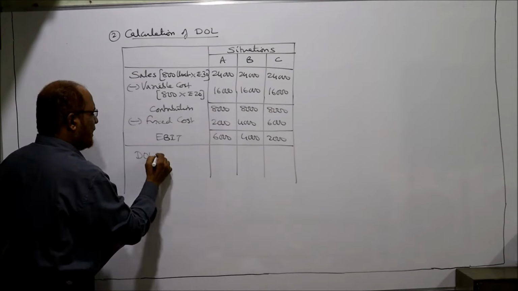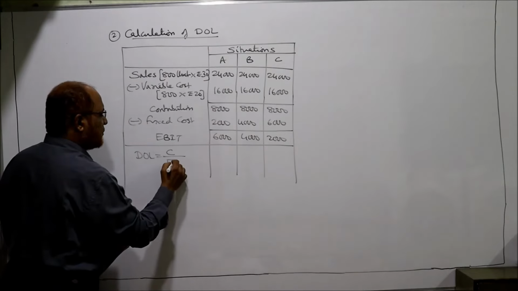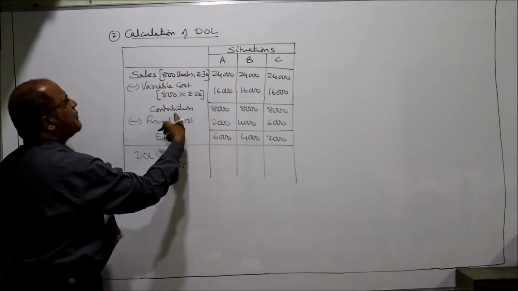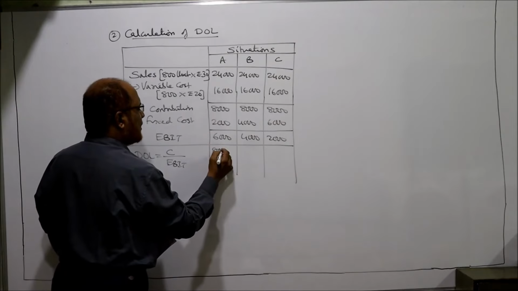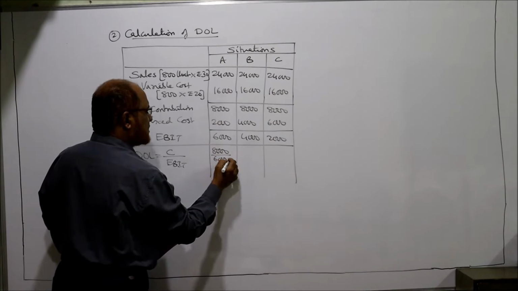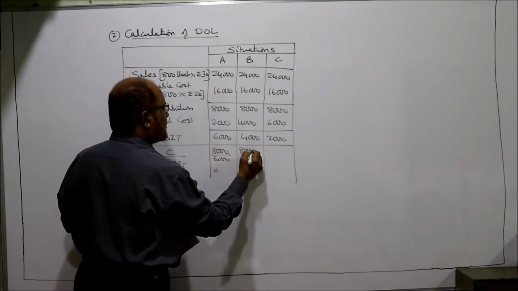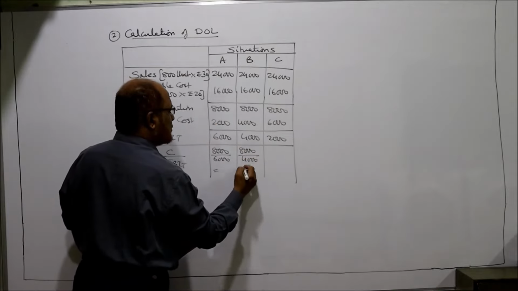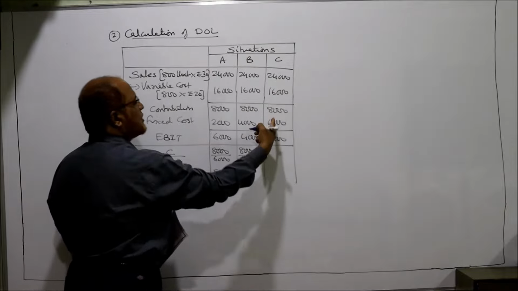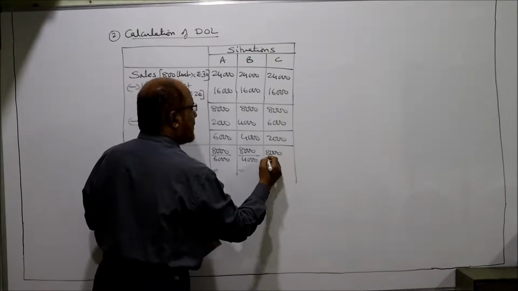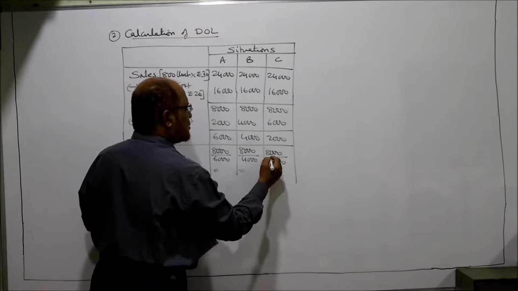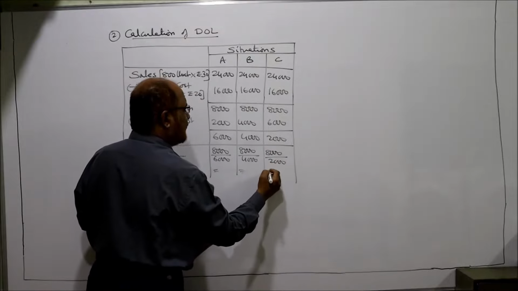Now DOL is equal to C divided by EBIT. Contribution is 8,000. 8,000 by 6,000 is equal to... Similarly, contribution 8,000, 8,000 by 4,000. Similarly, contribution 8,000 divided by 2,000. Here 4, here 2, here 4 by 3. 4 by 3 is 1.33.